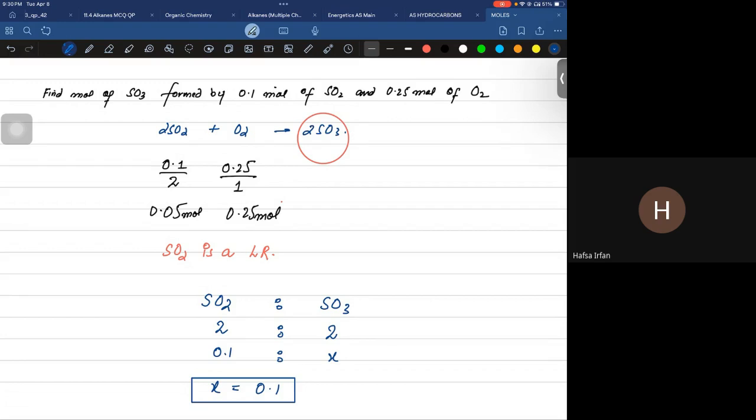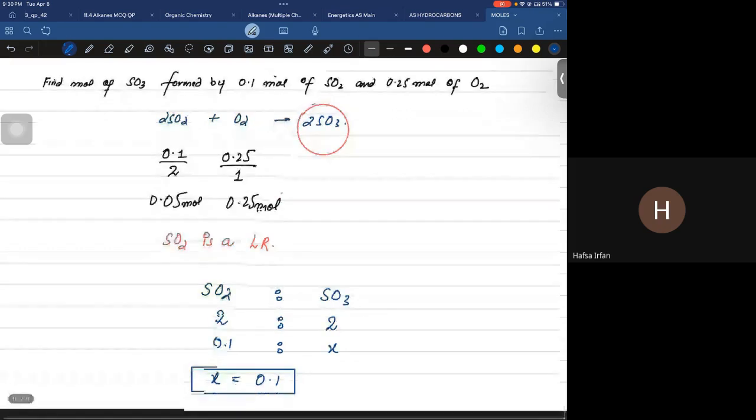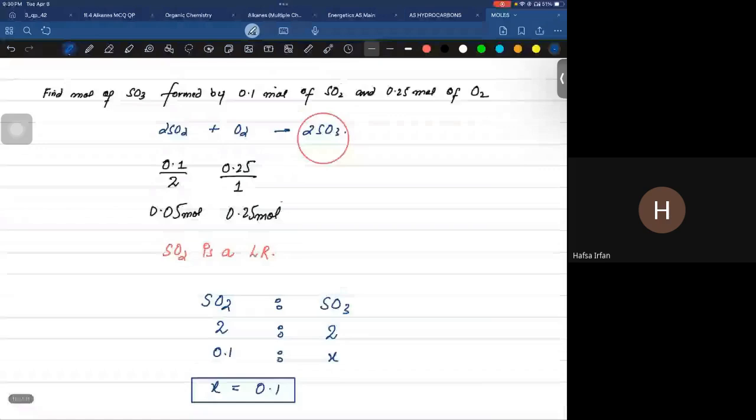So how can you identify that this question is related to the limiting reactant? Basically, the examiner would be giving you the data. He may give you volume, concentration, or mass of both reactants.